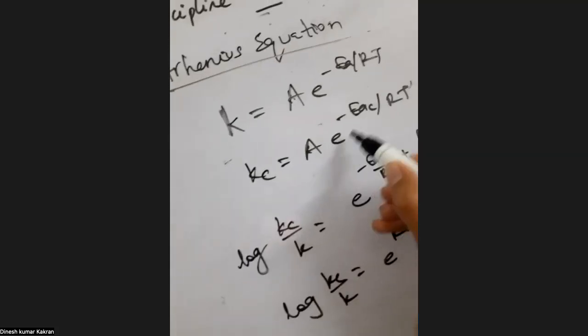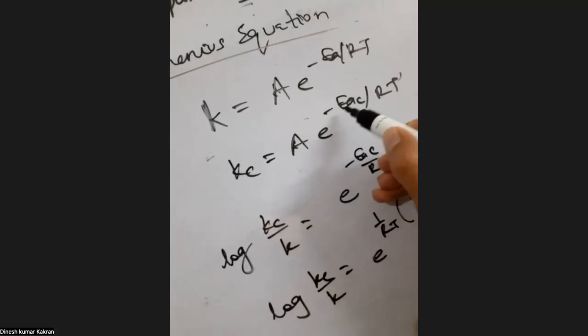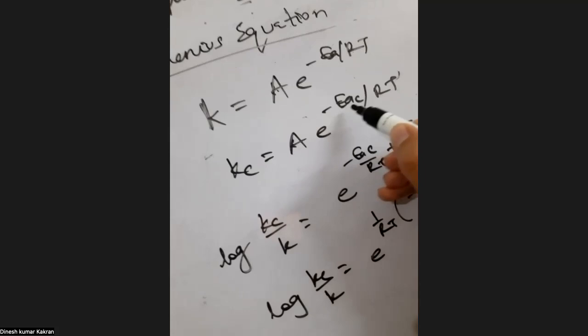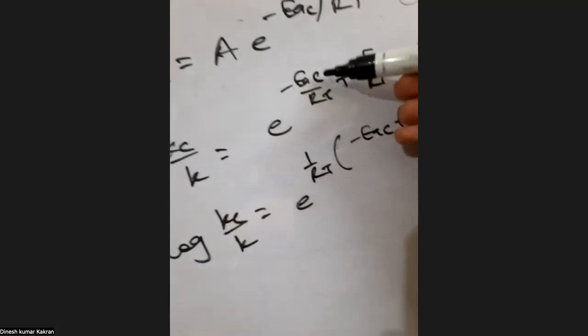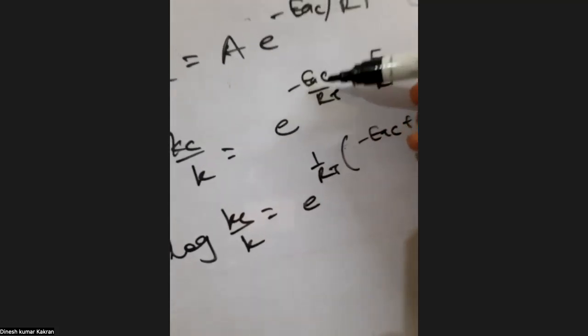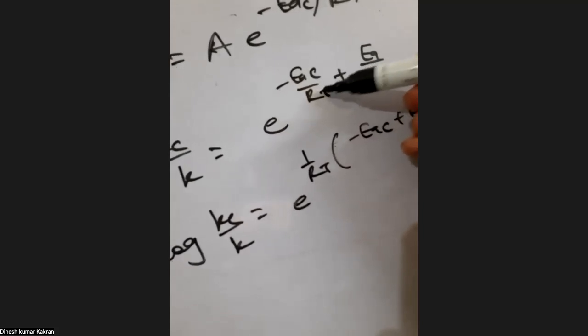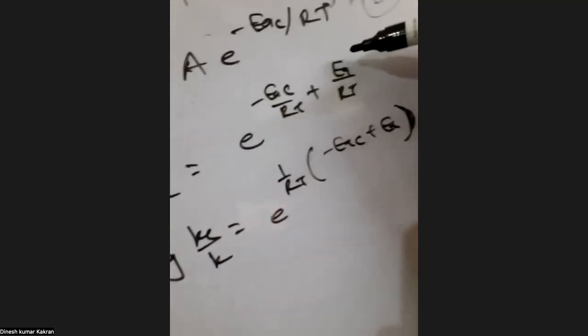When you divide the second equation by the first, A would be cancelled out, giving kc by k equal to e to the power of (Ea minus Eac) by RT.